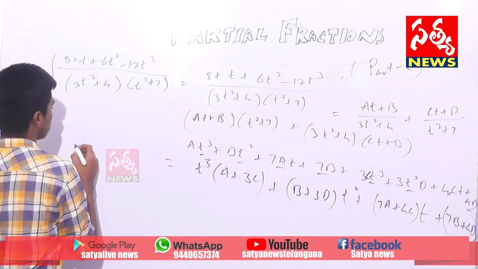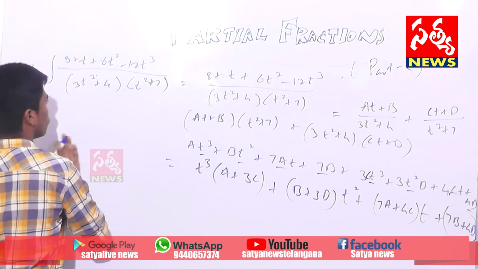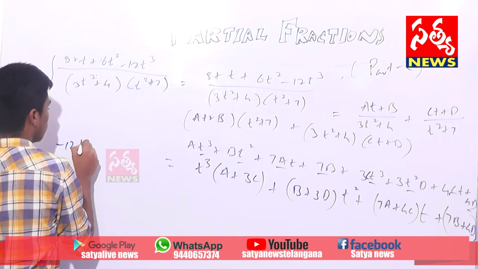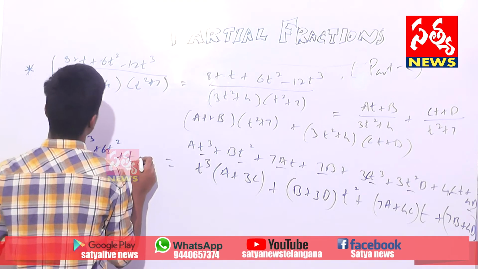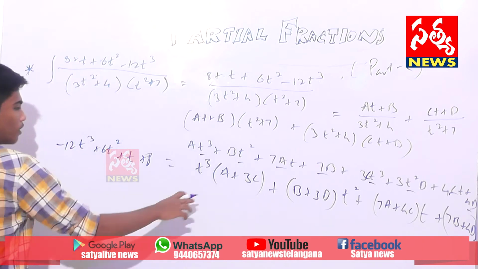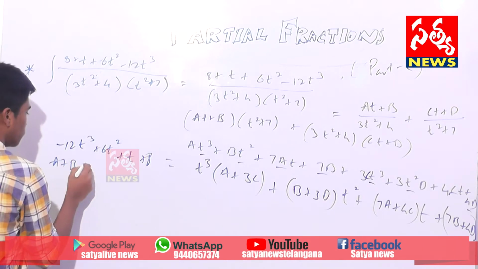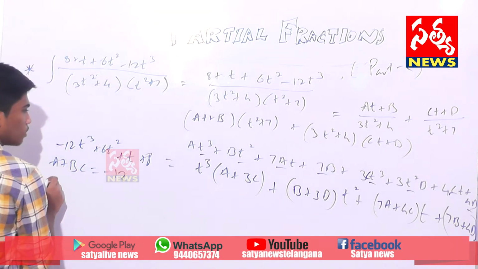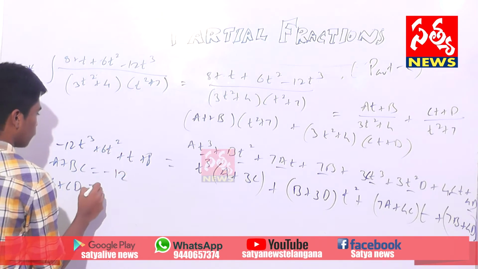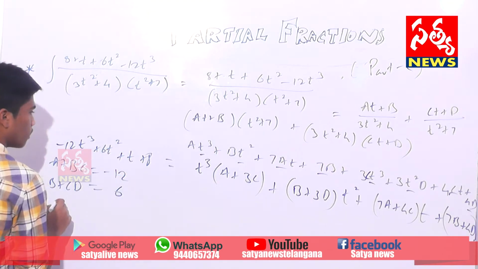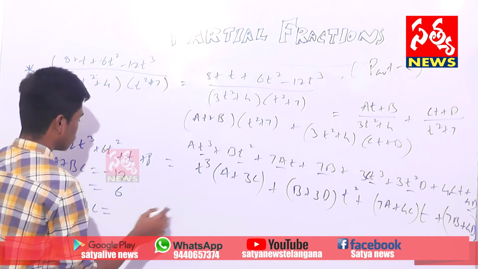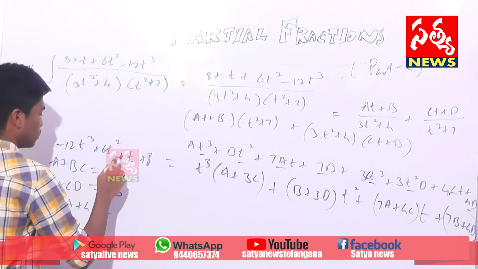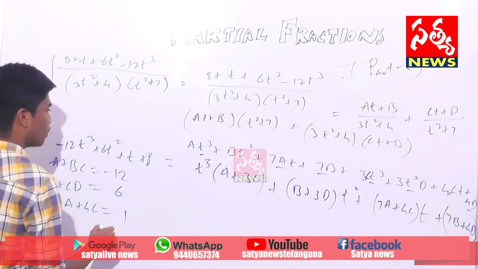So now first of all, minus 12 t cube plus 6t square plus t plus 8. Now equate: a plus 3c is equal to minus 12, b plus 3d is equal to 6, and 7a plus 4c is equal to 1.